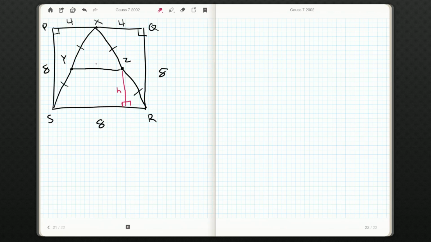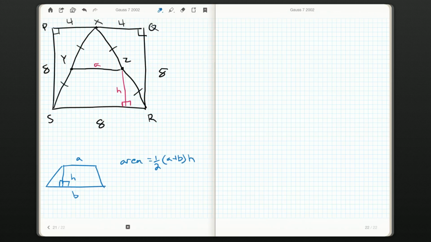If we know this length here, A. So if you've ever seen any trapezoids before, if I have a top of A and then B, and then I have a height of H, then the area is going to be 1/2 (A plus B) H.